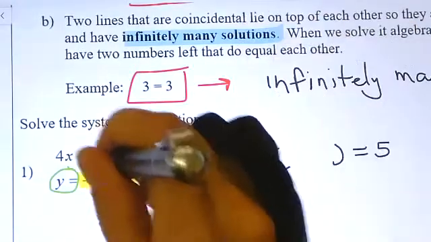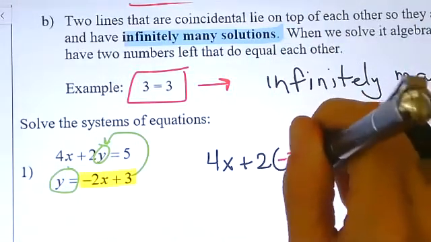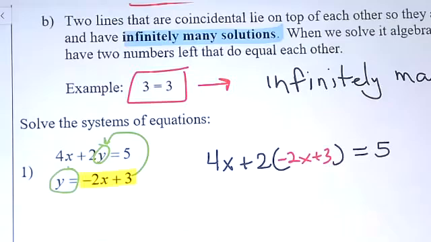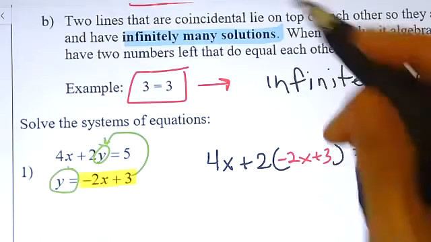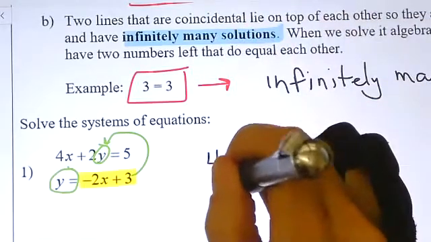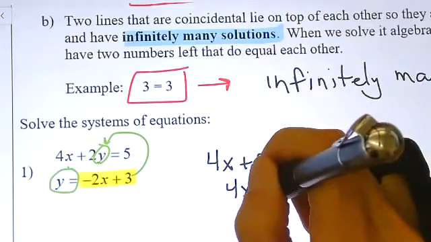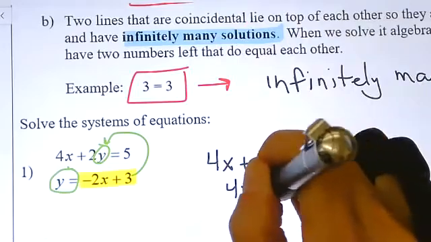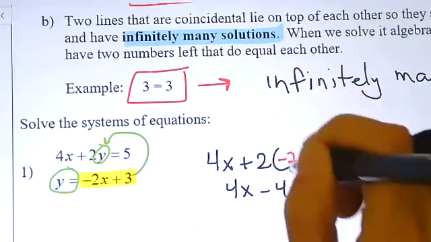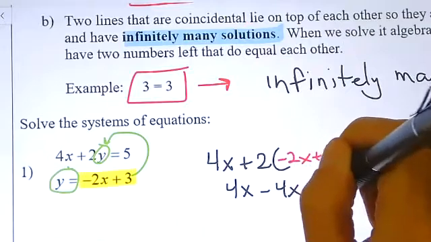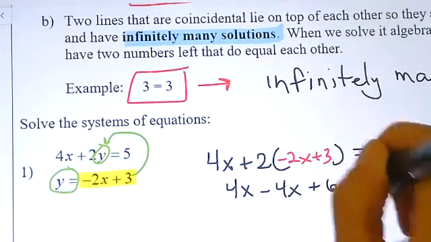But instead of the y right there, we're going to put in negative 2x plus 3. And we're going to distribute. 4x minus 4x, 2 times 3 is 6, equals 5.